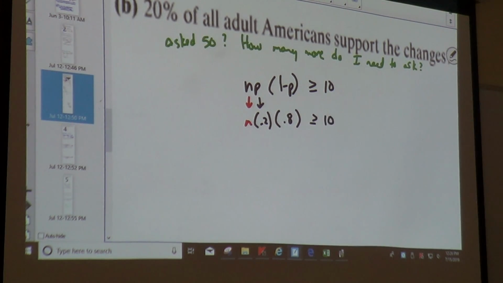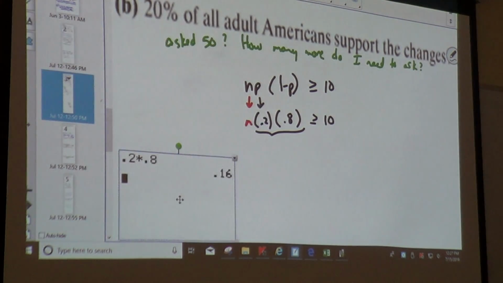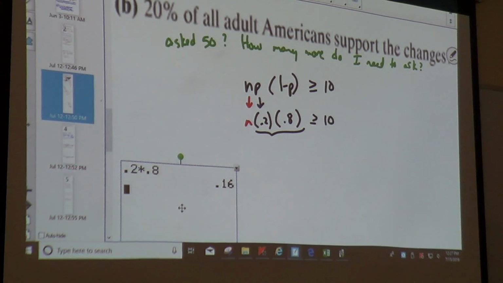And we want that to be greater than or equal to 10 because they told us that it is going to be approximately normal. I clean that up, so I go to my calculator and do 0.2 times 0.8, which gives me 0.16. So it's going to be n times 0.16 is greater than or equal to 10.